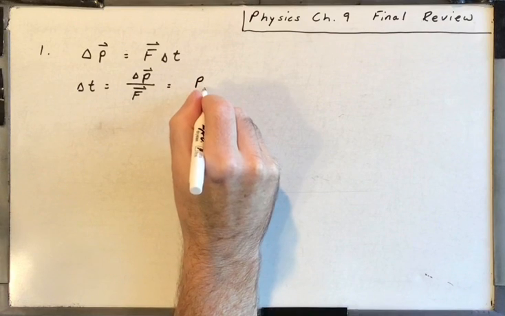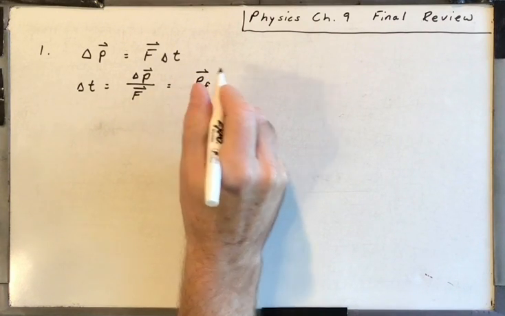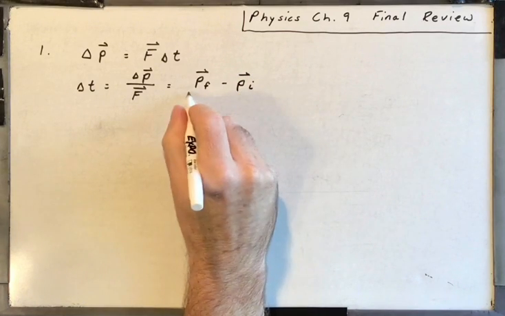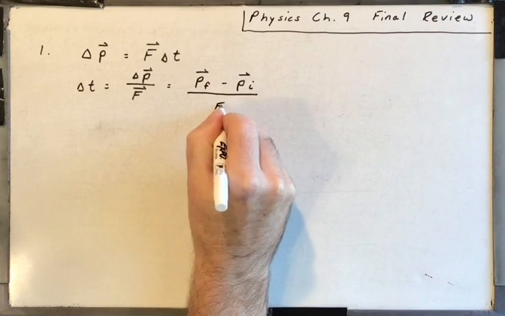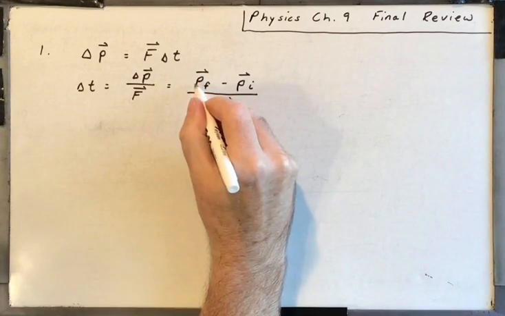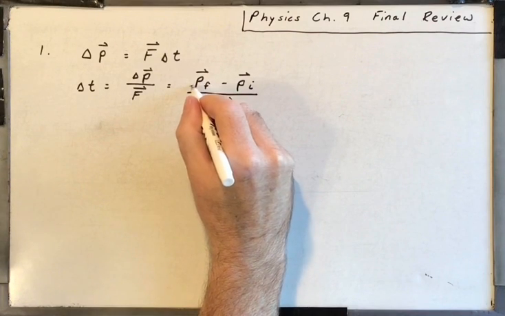That will be the final momentum minus the initial momentum over the force. But the final momentum is zero because the glove stops the ball.